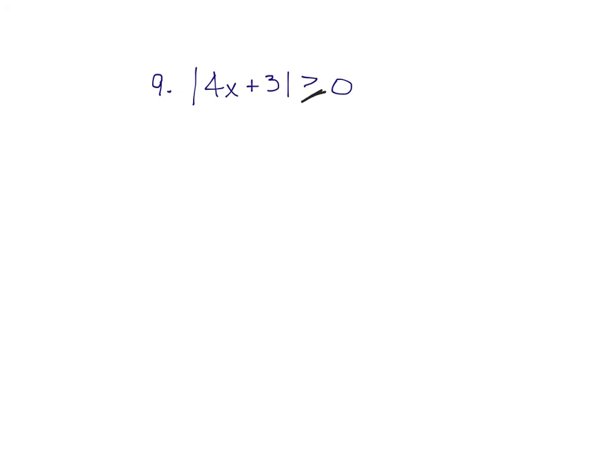However, because it doesn't have the or equal to part, there's going to be one specific point that is going to be excluded from the all real numbers. So let me erase this. So here, I'm going to know that the value I need to exclude is when 4x plus 3 equals 0.